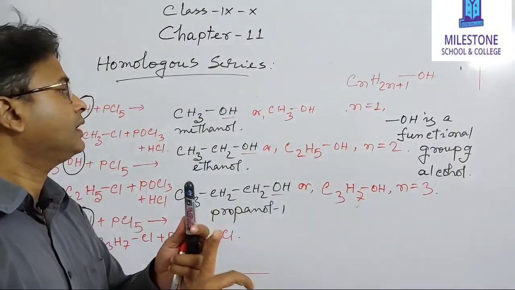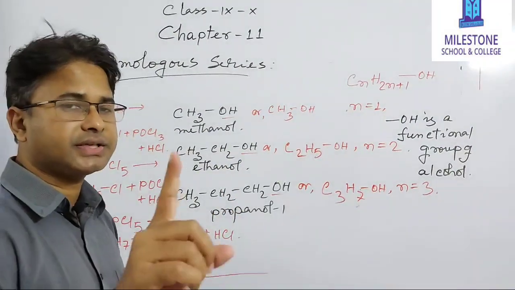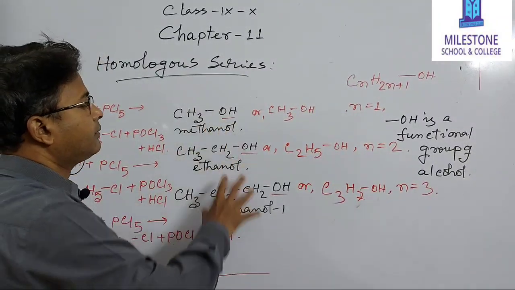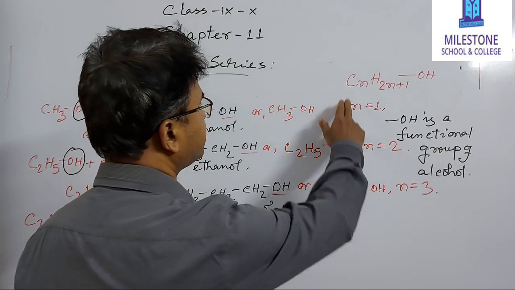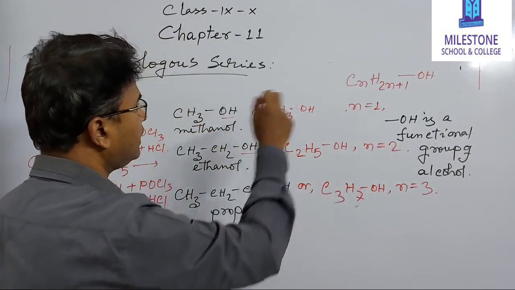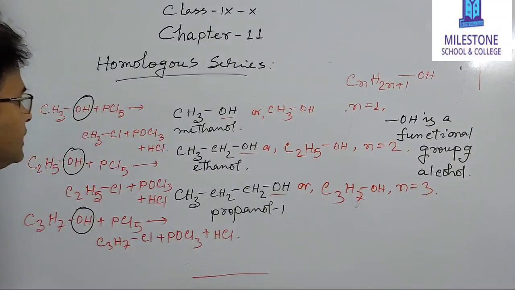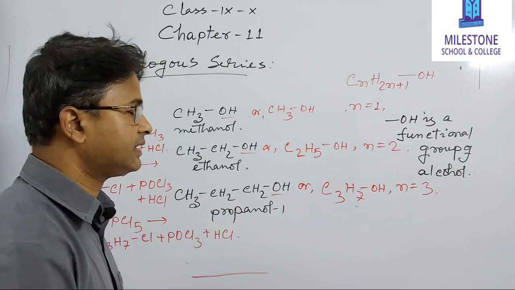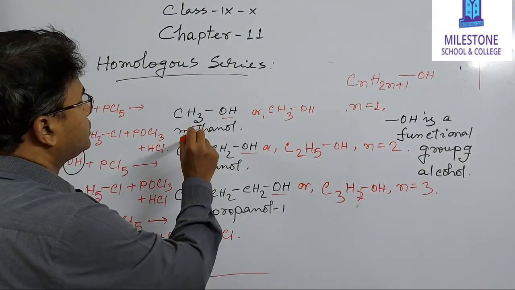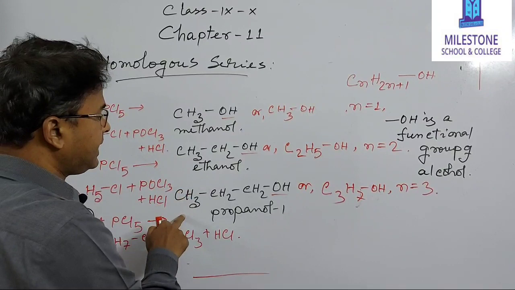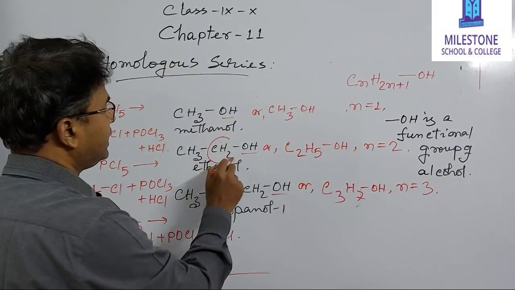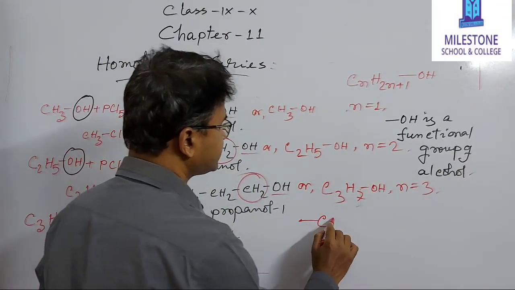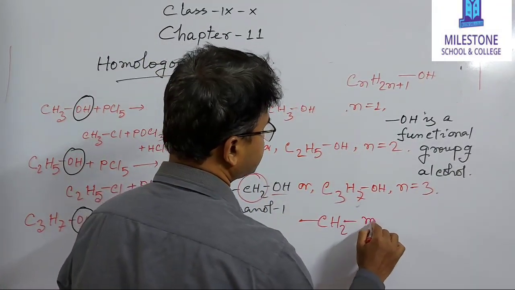First one is that all those compounds contain a common functional group. All compounds can be represented by a general formula, and between two consecutive members there will be only a methylene group. There will be a difference of a methylene group, I mean -CH2-. This is the methylene group.